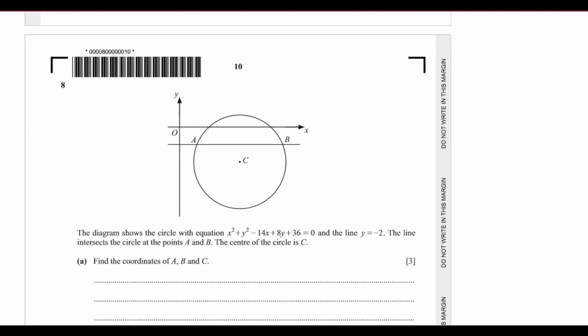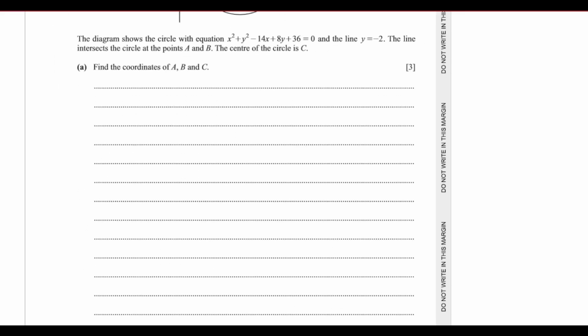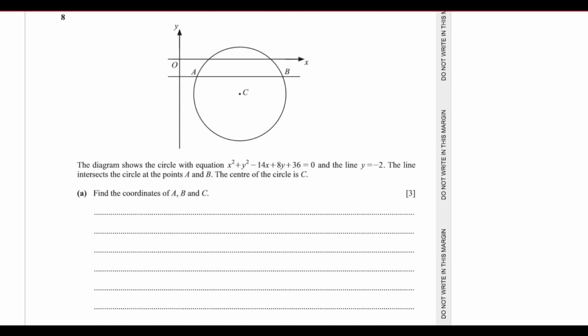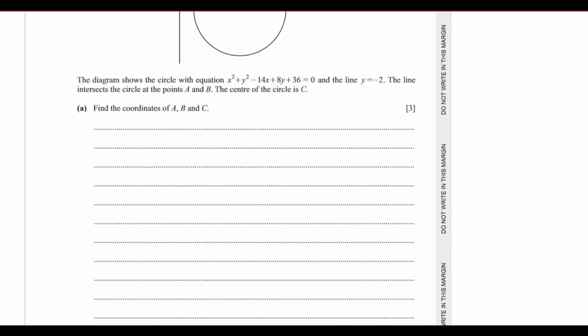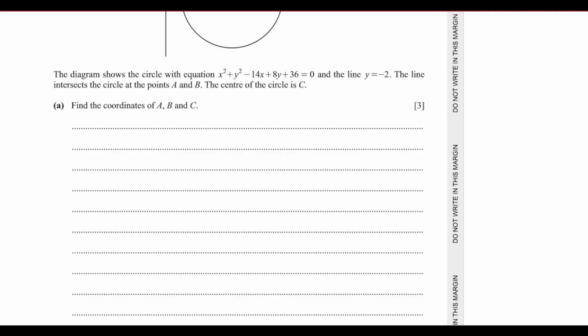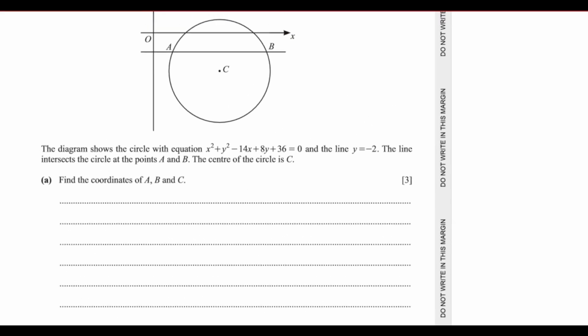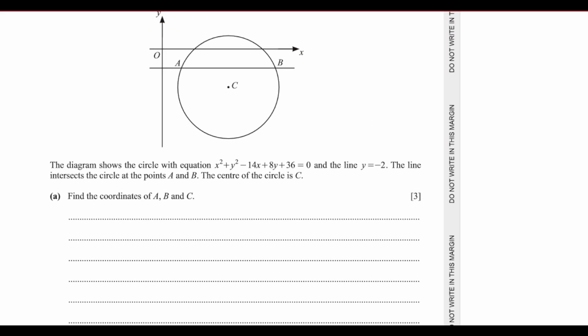So our two solutions is that one or that one. Okay, question 8. Question 8 is kind of a nice combination of chapters 3 and 4. So it's all about circles, sectors, segments. Question A says, the diagram shows a circle and a line y equals -2.